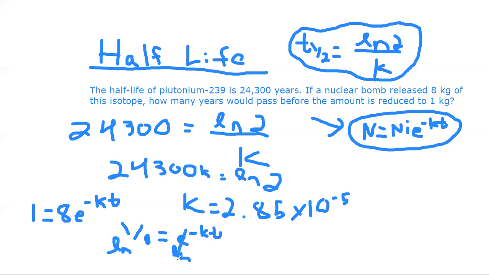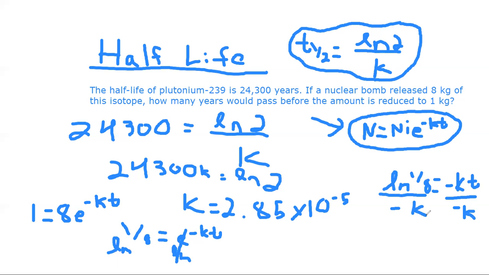So that will cancel out the e, and we're going to be left with ln of 1/8 is equal to negative kt. And now we can divide by negative k on both sides to get the t all by itself, since that is what we're solving for.